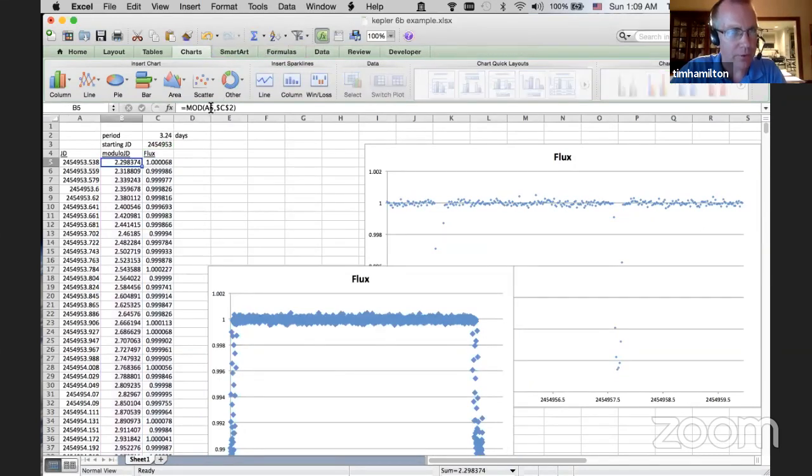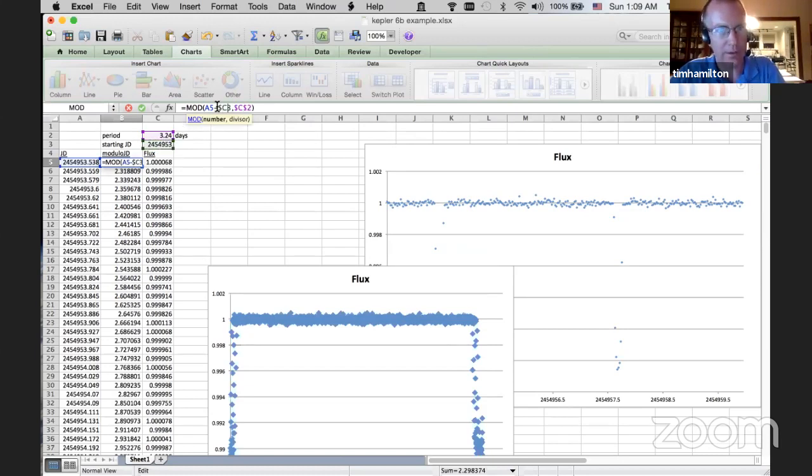All right. So now what we do is we take our modulo function, the Julian date, JD, minus this starting Julian date. Now in TopCat, I don't know how to do any more sophisticated variables in it. I think you'd simply have to type in the number directly. So you're going to type in that number, whatever that is there.